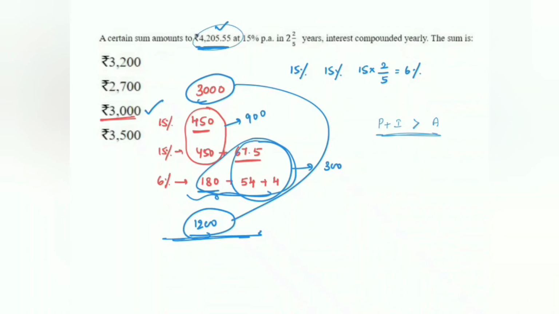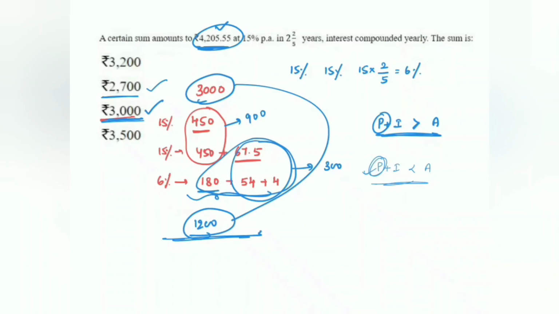4205. Suppose you are getting 4500. Then go for the option which is less than your principal. So we have assumed 3000, then we would have gone for 2700. If you are getting 4500, we would have gone for 2700. Suppose the principal plus the interest that you have calculated is less than your amount, then choose a principal which is greater than the one that you have chosen.